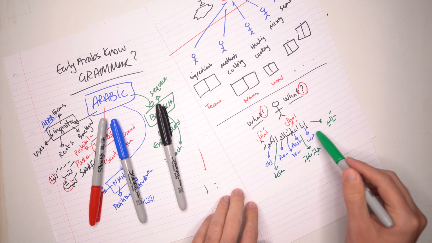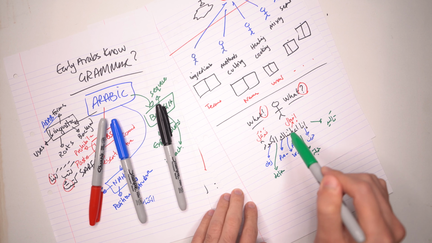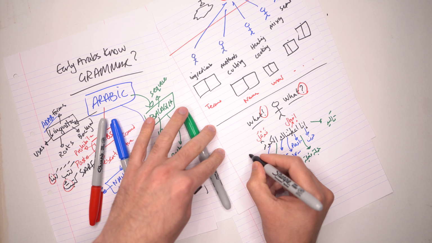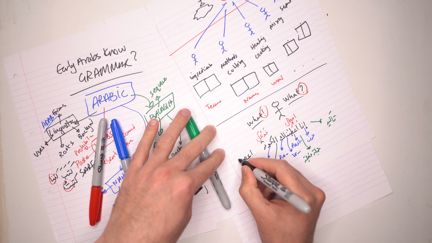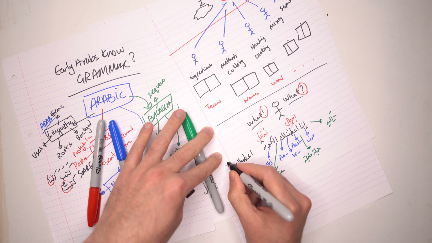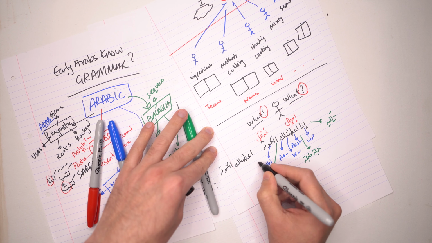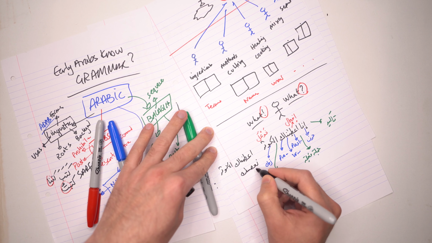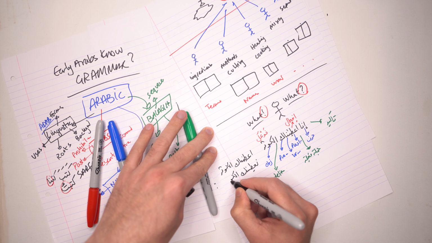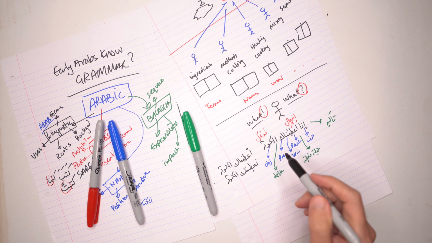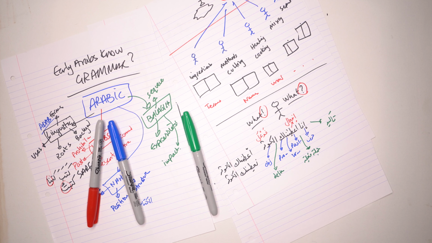So they didn't know all of these things, but if you told them this sentence, they could tell the difference between this sentence and, let's say, someone writing "a'taynaka al-kawthar." They know the difference between that and that, and they know the difference between "nu'tika al-kawthar." Those who know English and don't know Arabic wouldn't be able to tell what we're talking about here. But the point is that they knew these kinds of things.